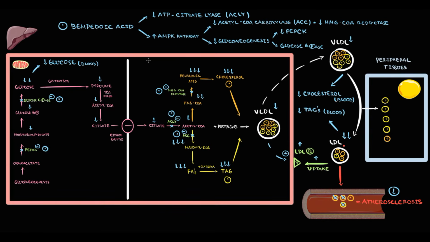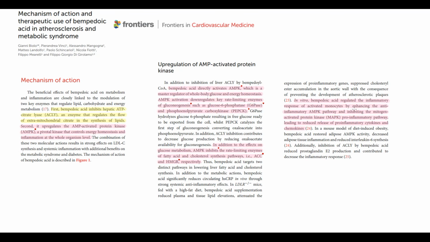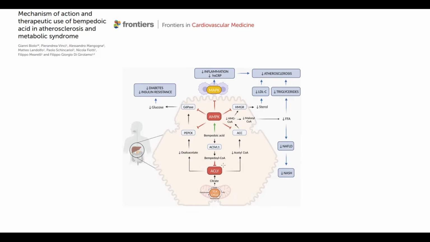In addition to this, bempedoic acid can decrease blood glucose level, which is perfect for people with metabolic syndrome and diabetes type 2. On top of that, bempedoic acid, by stimulation of AMP-activated protein kinase, provides anti-inflammatory effect. As we see from this picture, the major effect of bempedoic acid is inhibition of ATP-citrate lyase.